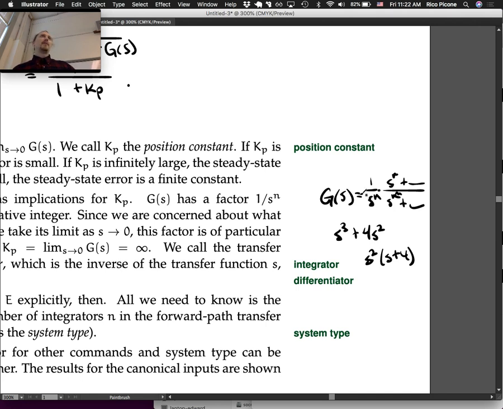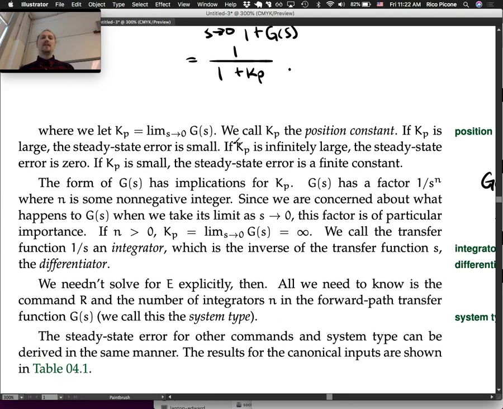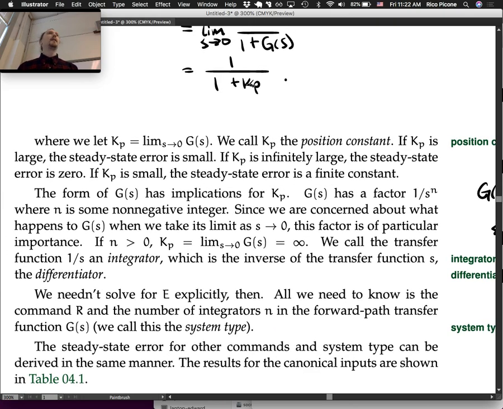It blows up. So g of s, no matter what finite thing this comes out to, because it will be finite in that case, you are going to have g of s blow up to infinity, which means that Kp is infinite, and if you plug Kp in here when it's infinite, our steady state error is 0. So that's ideal.